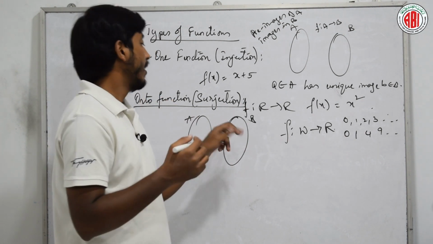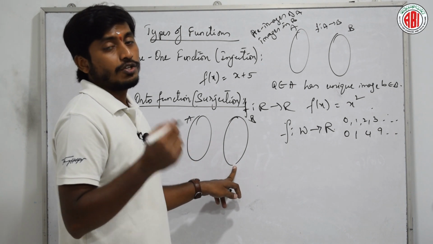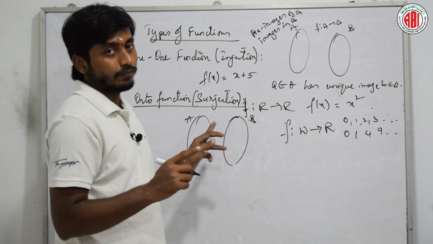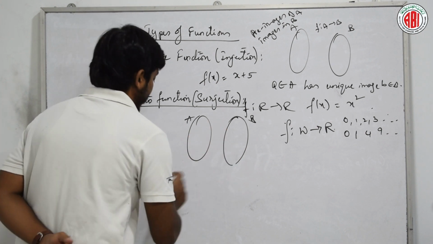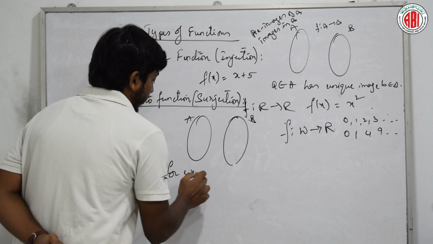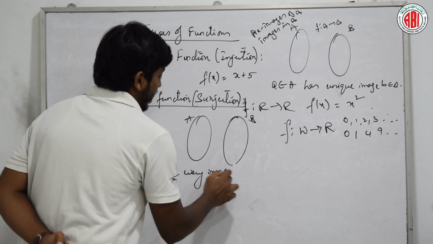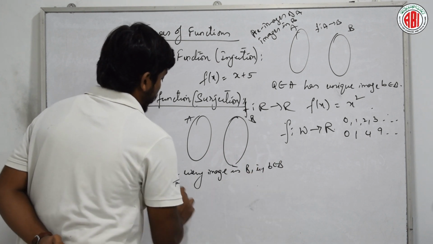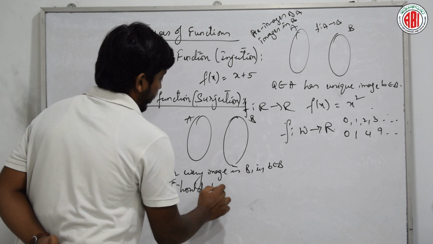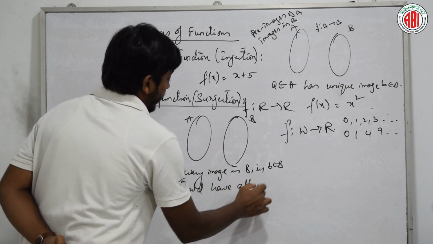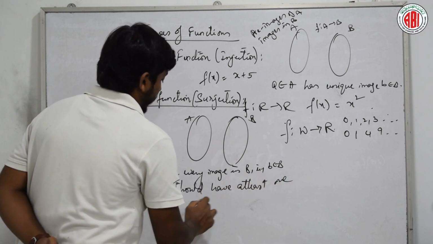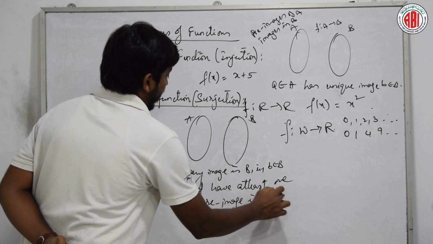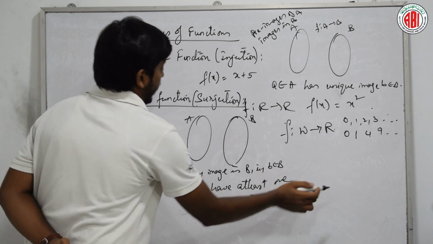Once again, for any image in B there should be at least one pre-image in A. That is, for every b belonging to B, there should be at least one pre-image a belonging to A.